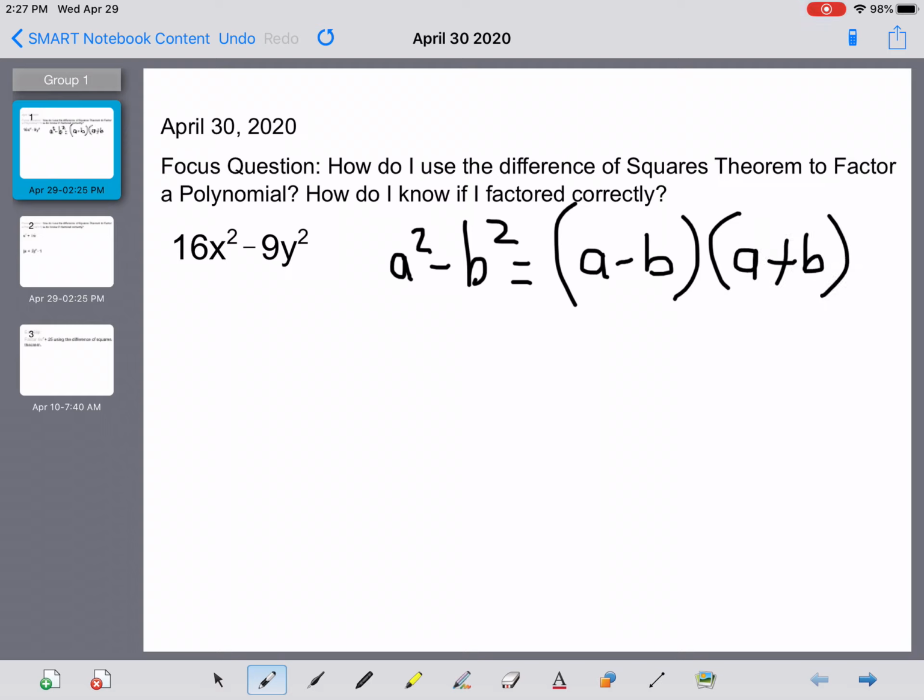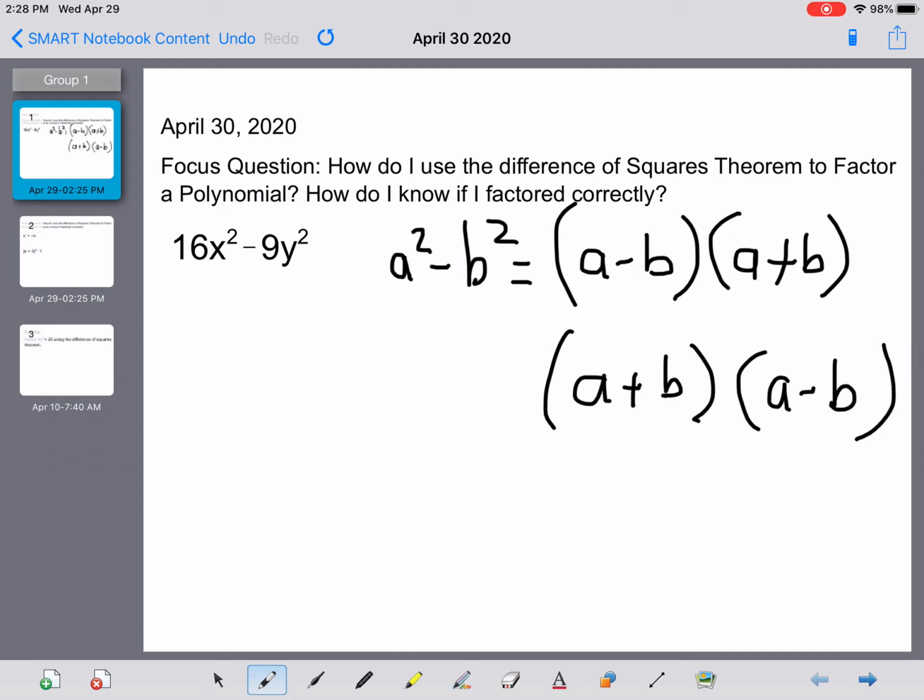Because order doesn't matter, we could also switch that around and write it this way. Order does not matter in multiplication, right? So this would also be equivalent, the quantity of a plus b times the quantity of a minus b.